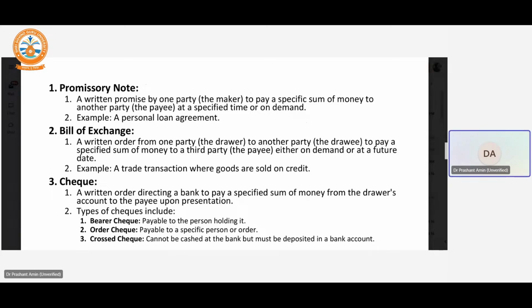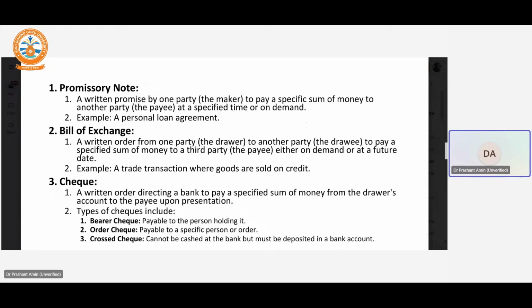If the party demands today or 2 months later, then through the negotiable instrument, the check, he can demand the money. Example, a personal loan agreement, right? Either I want it today, 2 months later, or after 3 months, I can get it. So that is a promissory note.